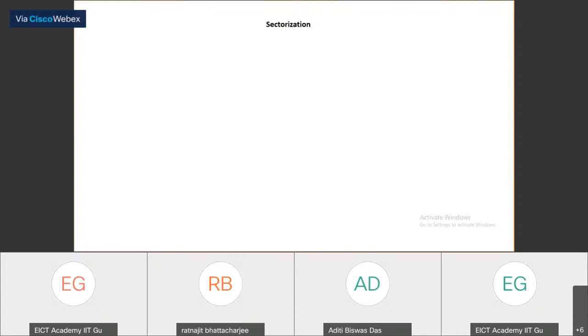As I told beforehand, initially it was the circular omni coverage region, which was modeled as a hexagon, and later on this hexagon was even partitioned into sectors to increase the frequency reuse and also to improve the capacity. Usually two types of sectorization are used.